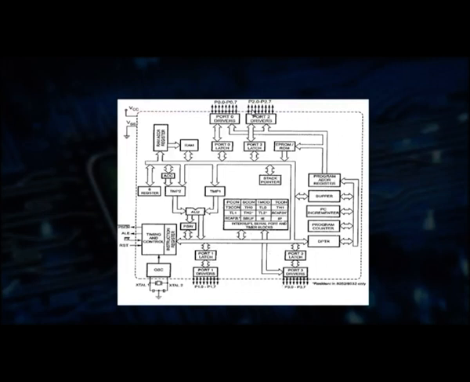This is the architecture of the 8051, which has 4 ports. This is port 0, which has 8 lines; each port has 8 lines. Port 0's lines are used as input output lines. Port 2 has 8 lines which are also bidirectional. This is port 1 and port 3.